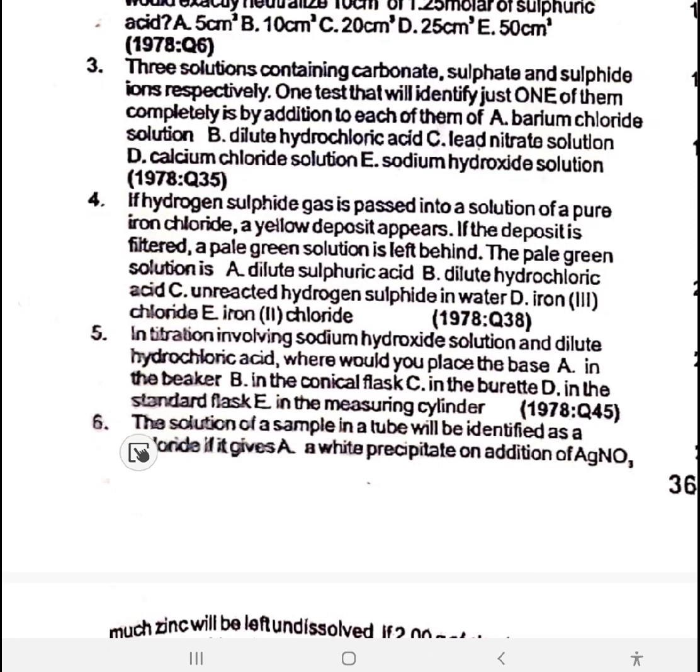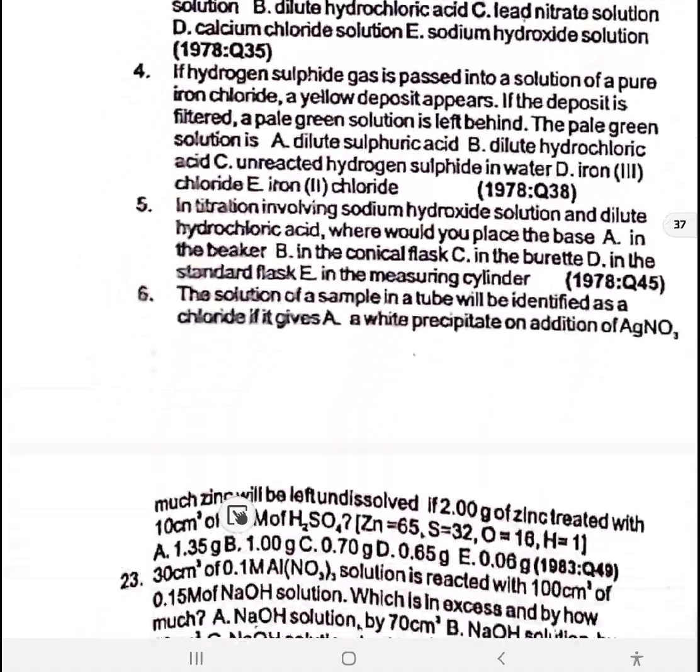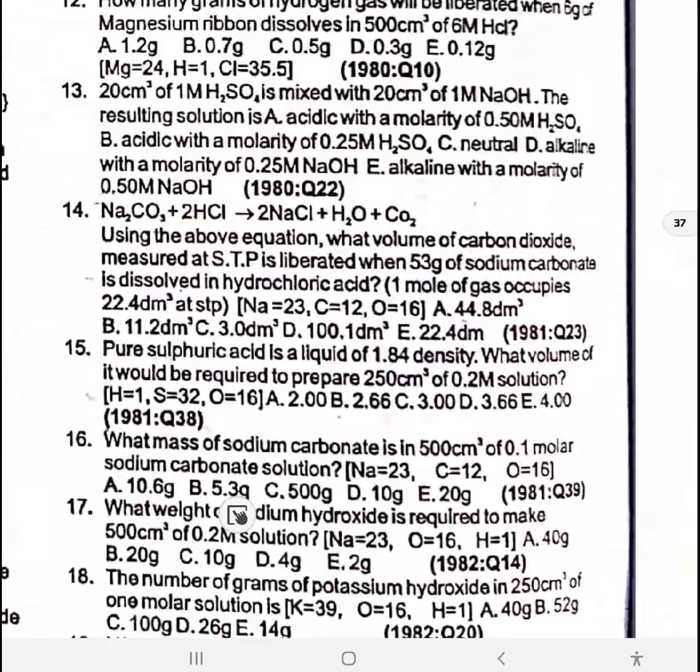Number 6. The solution of a sample in a tube will be identified as a chloride if it gives. How do you identify chloride? If it gives. Now I want us to jot down this point. Let's see if we could pick out the correct answer.